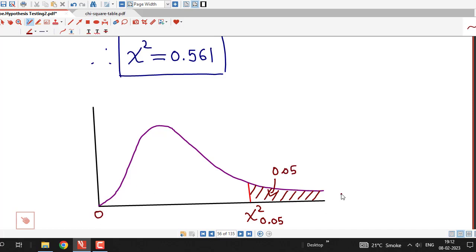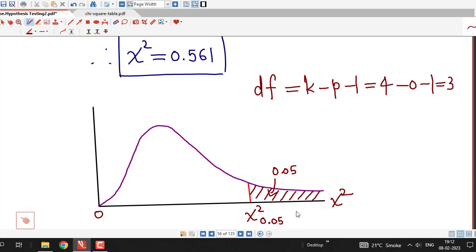The minimum value is 0. On the horizontal axis, chi-square values are there, and the number of degrees of freedom is k minus p minus 1. There are 4 categories, the value of p is 0, minus 1, so the degrees of freedom is 3.